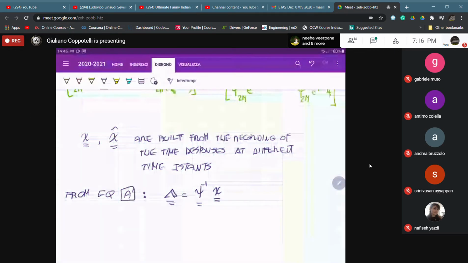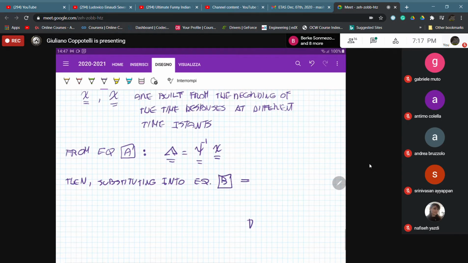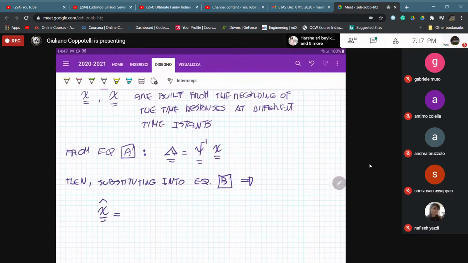Then substituting it into equation B, what we got is that your hat chi matrix is given by your hat psi matrix times your psi matrix inverse times your chi matrix. Okay, and that is a very, very nice equation. We can call that the square equation.